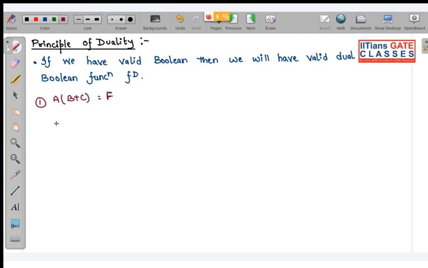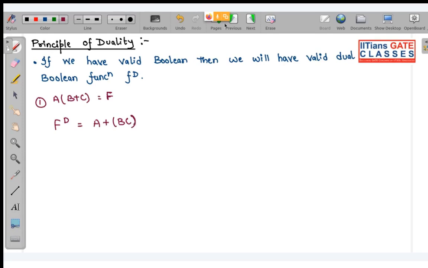If I take the dual of this, it will be A plus BC. This is your valid Boolean expression.